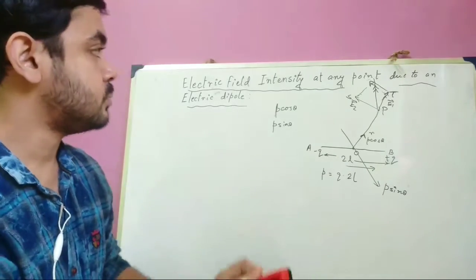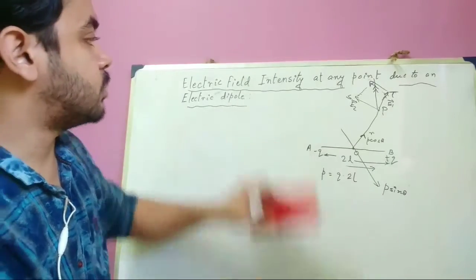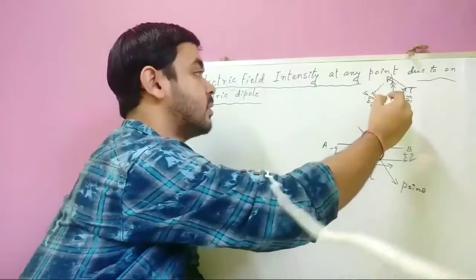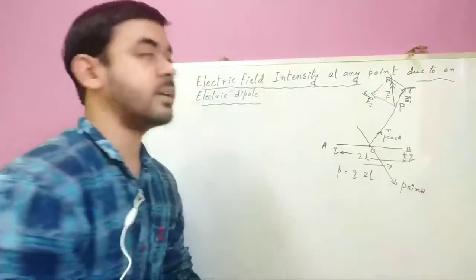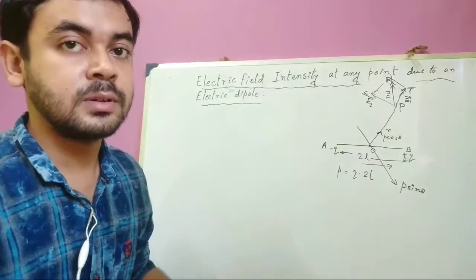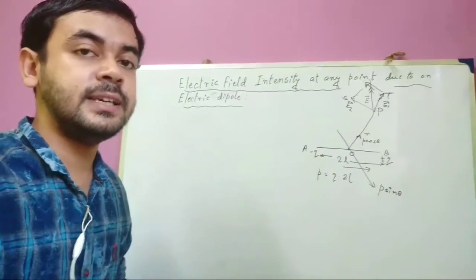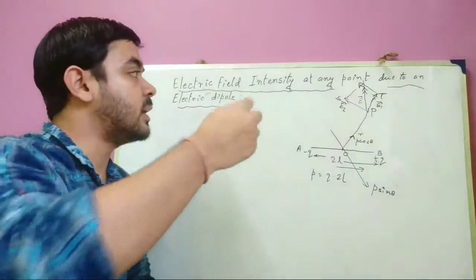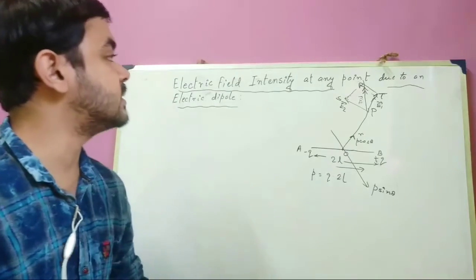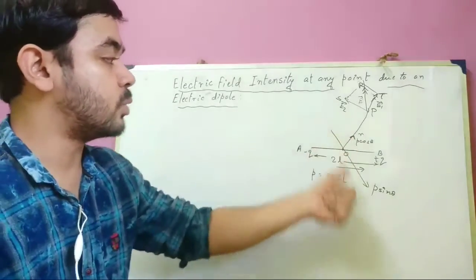Now, suppose the net or resultant electric field is E. E1 and E2 are the electric field intensities due to these two dipoles.